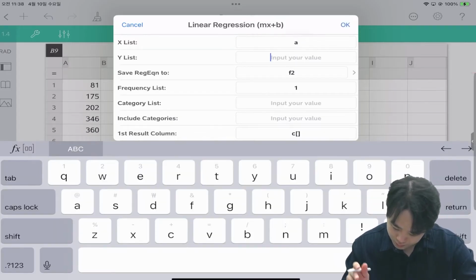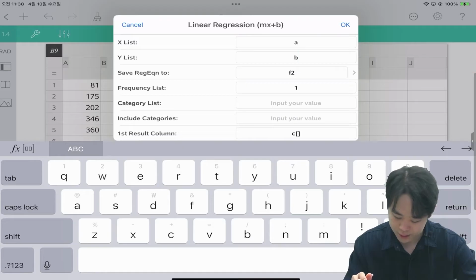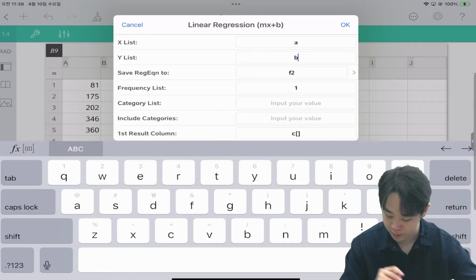And then we get B. So our X list is going to be the number of children, and our Y list is going to be the ice cream sold.